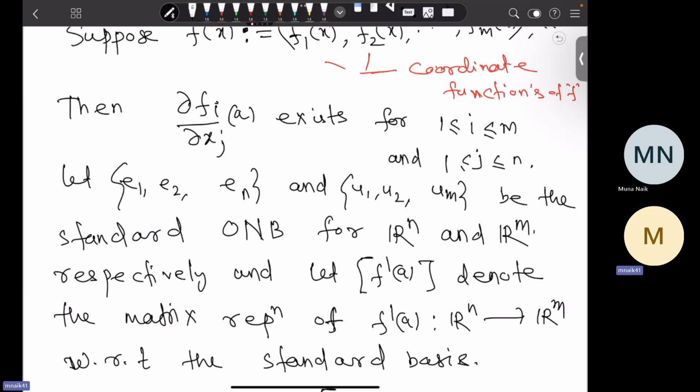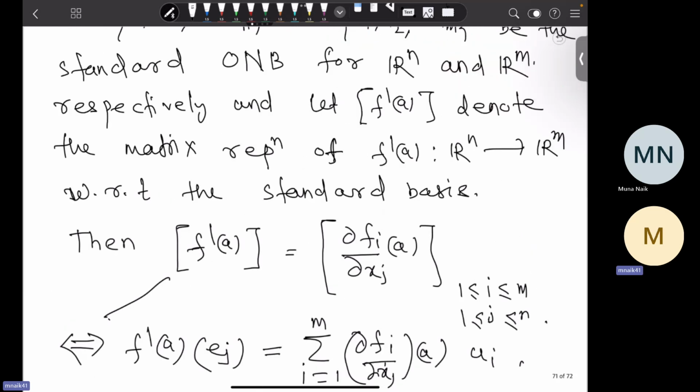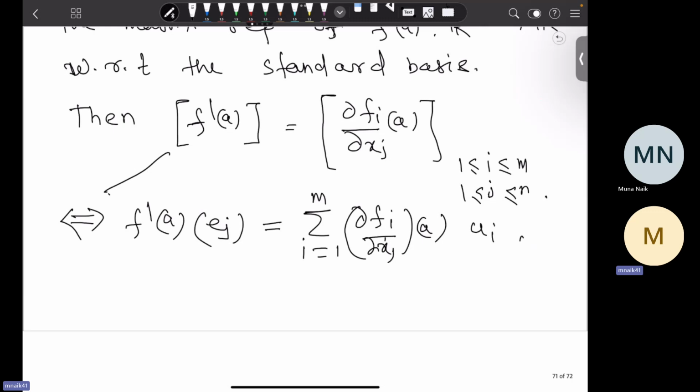Let e1, ..., en and u1, ..., um be the standard orthonormal bases for Rn and Rm respectively. Let F prime of a denote the matrix representation of F prime of a from Rn to Rm with respect to the standard basis. Then the matrix representation of F prime of a is del fi by del xj. This is equivalent to proving that F prime of a applied on ej is the summation i equal to 1 to m of del fi by del xj ui.